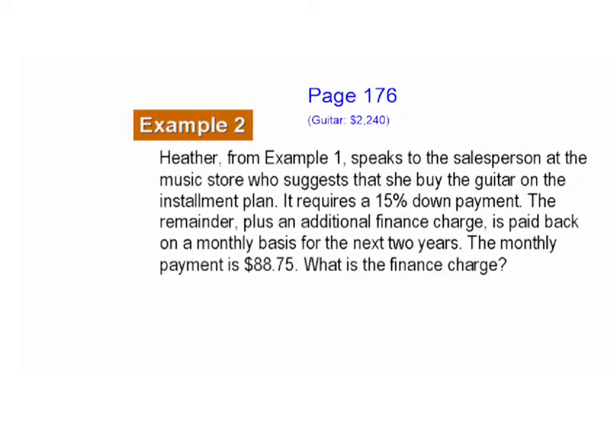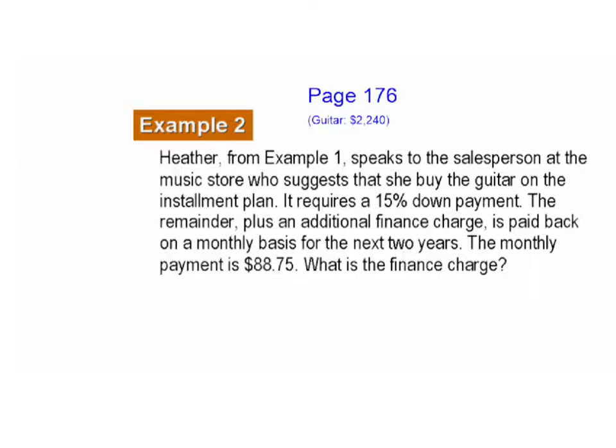Here's example 2, page 176. Recalling that our guitar cost $2,240, Heather speaks to the salesperson at the music store, who suggests that she buy the guitar on an installment plan and requires a 15% down payment. The remainder, plus an additional finance charge, is paid back on a monthly basis for the next 2 years. The monthly payment is $88.75. What is her finance charge?